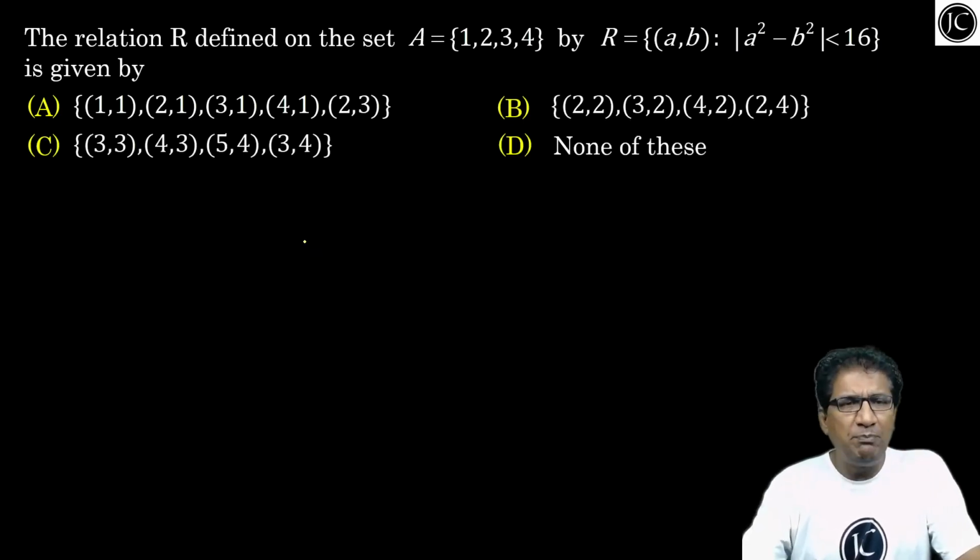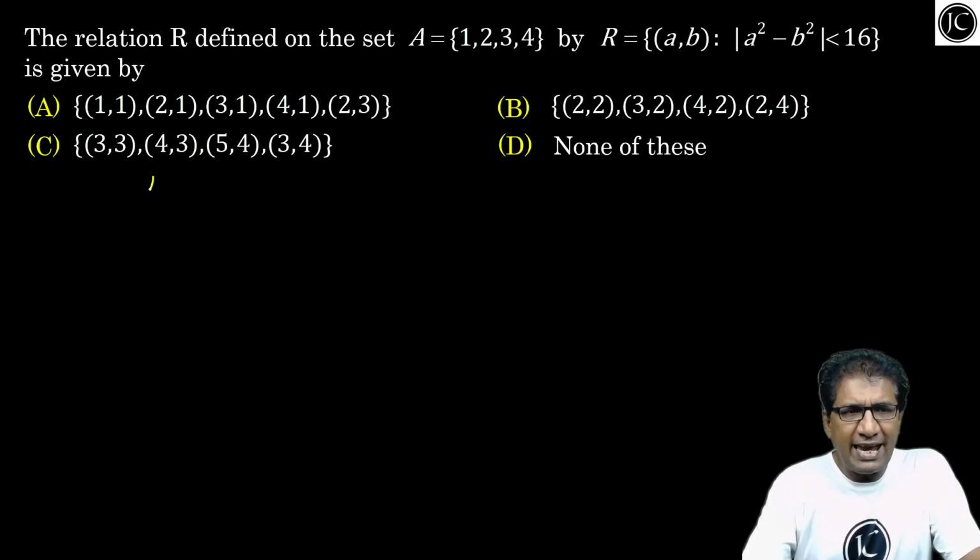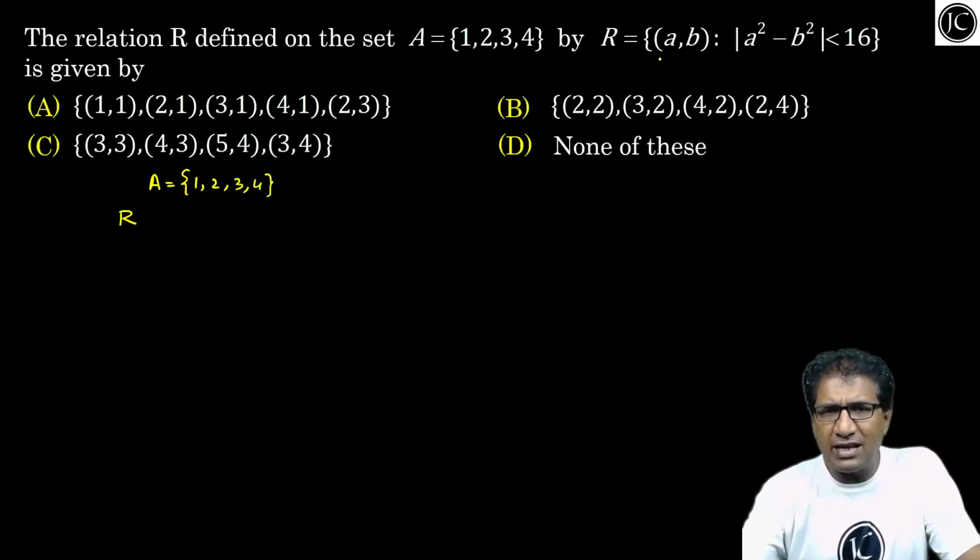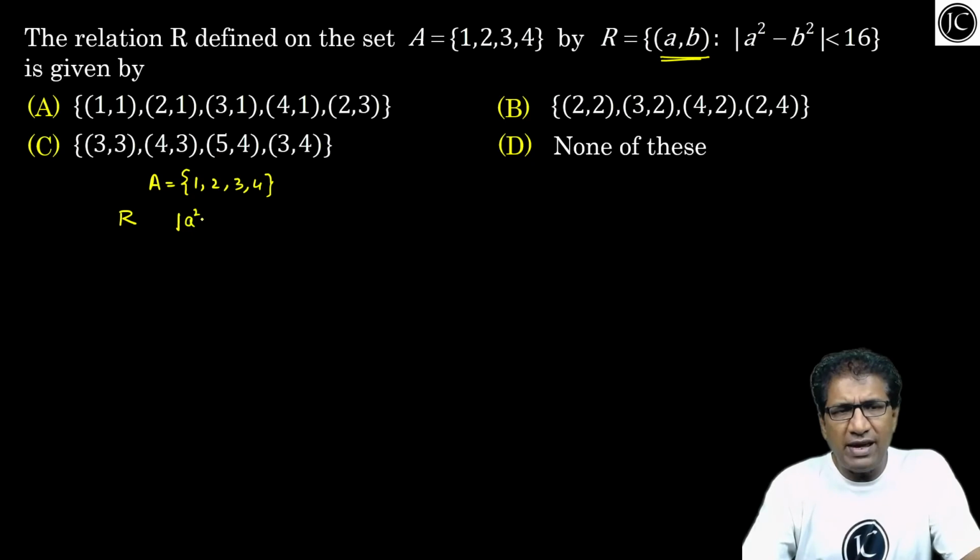In this problem, we have been given that your set A contains the elements 1, 2, 3 and 4, and the relation R is defined in such a way that it will have the ordered pair (a, b) if modulus of a square minus b square is less than 16. Now let us assume that a is 4. If a is 4, b can take all the values 1, 2, 3 and 4.